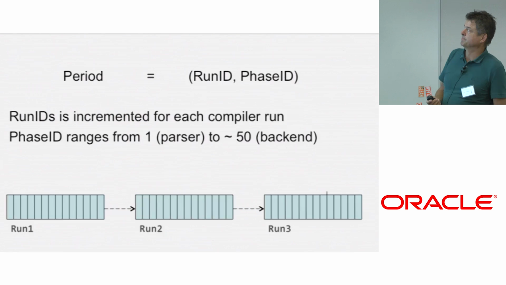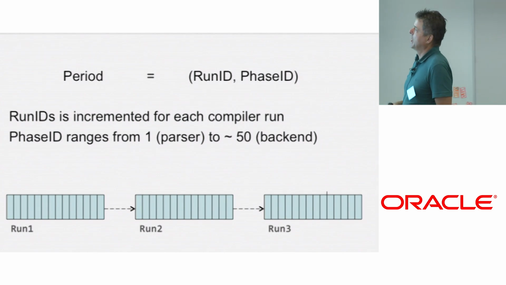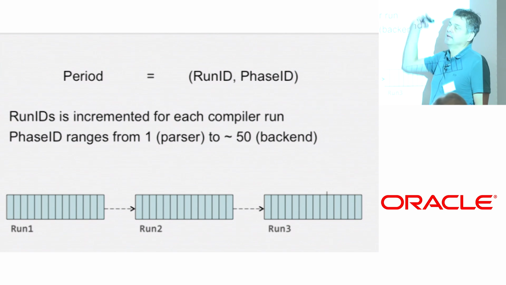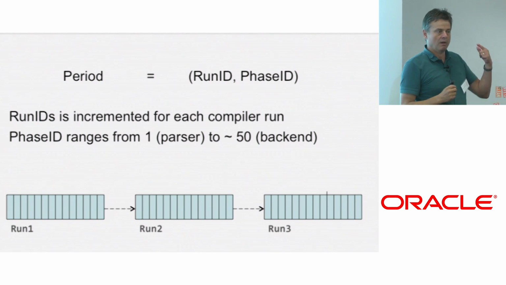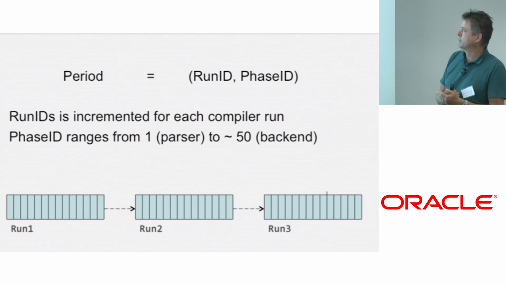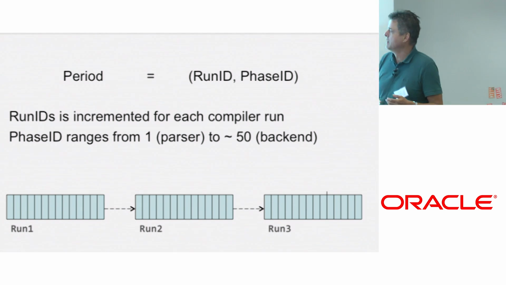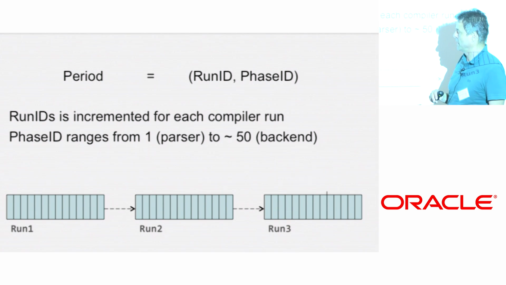So what is time? Time for us is essentially a pair of a run ID and a phase ID. The run ID is essentially a counter that gets incremented every time the compiler is run.